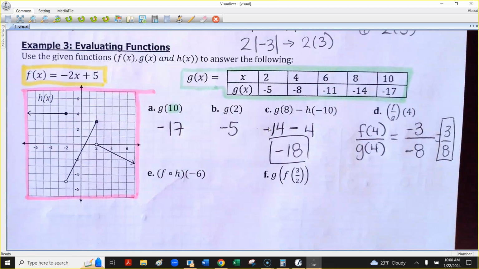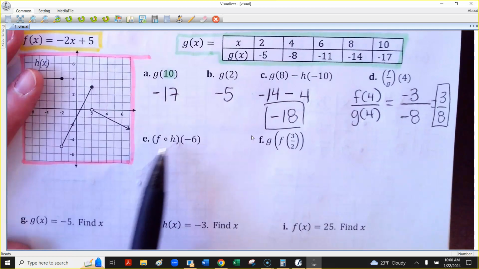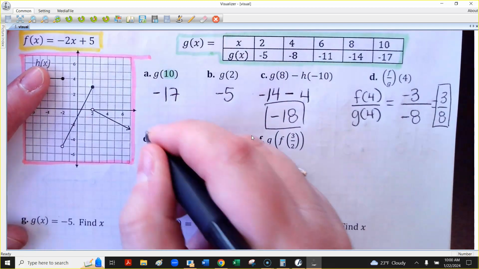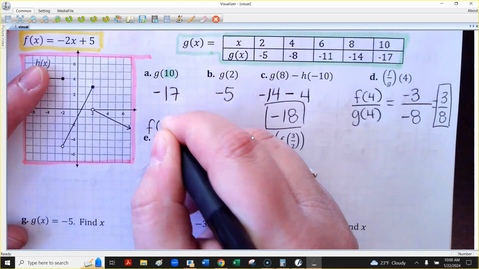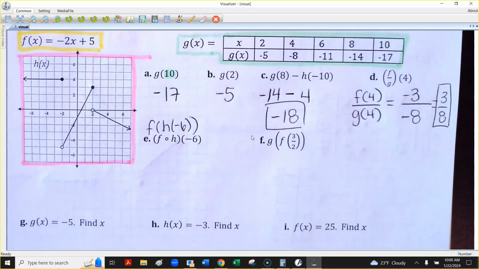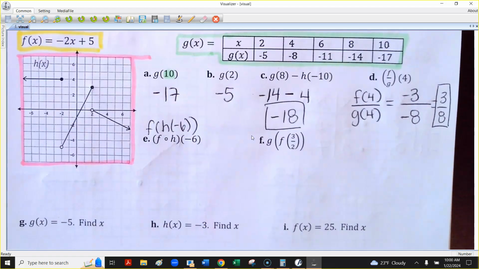Okay, tiny review of composition a little bit here. Now, this is f composed with h of -6, that little open circle. This is the same thing as f of h of -6, if you like that parenthesis notation better. If you got the little open circle composition, whatever's closer goes first. If you like the inside out way, we're going to do h of -6 first.